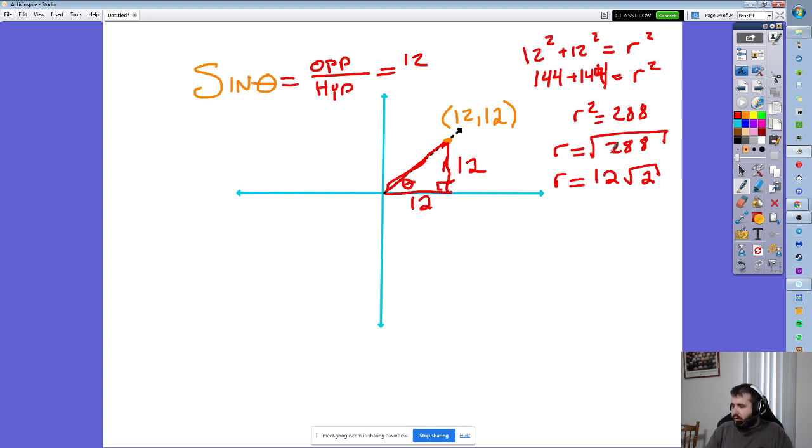Right, 144, you square root that, there's a 2 left over in there. But either way, look what you get. You get 12 radical 2 for your radius, for the hypotenuse. Right? And then you can simplify that if you want to. I'm going to be honest with you, you give me that on a quiz, you know you got your points.